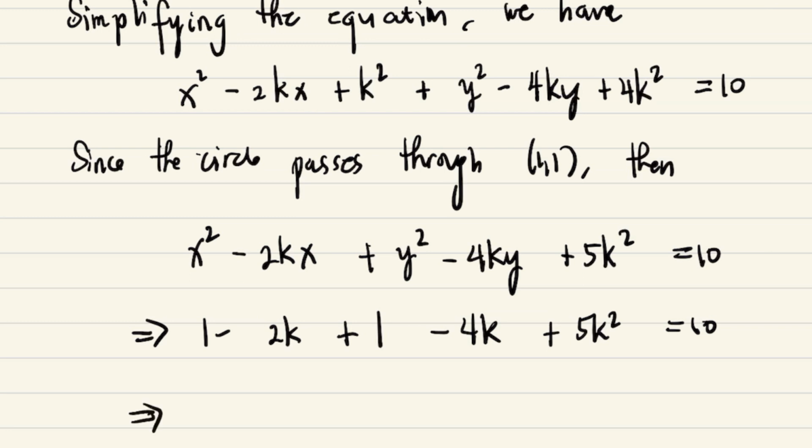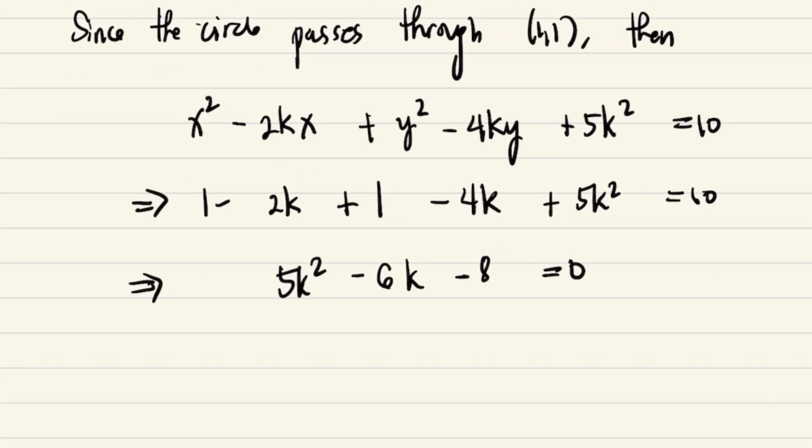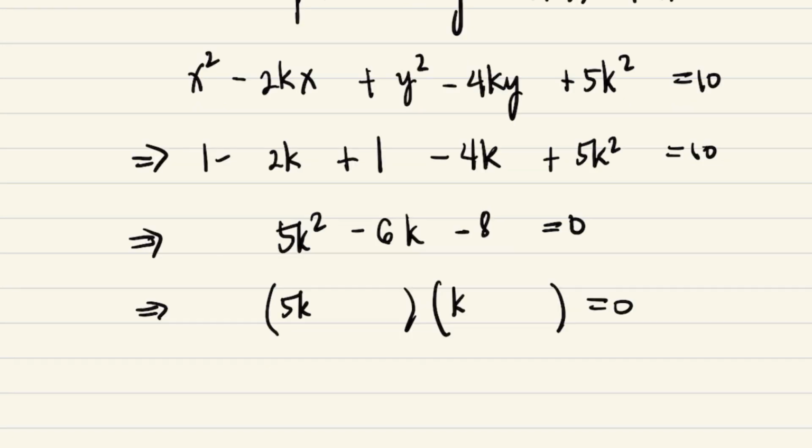Simplified further, I would have 5k squared minus 6k, and then this becomes 2, and this 10 will be transferred back to the left side, so this becomes minus 8 equals 0. If I factor them out, I'd have 5k and k here, and 2 and 4 here.